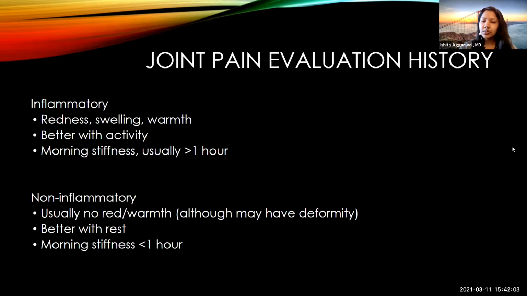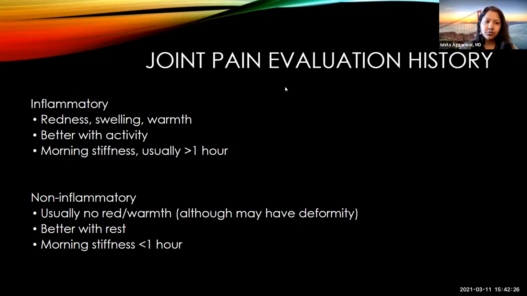So in terms of evaluation of joint pain, I've alluded to this, but we must make the distinction between inflammatory joint pain and non-inflammatory joint pain. Inflammatory joint pain typically involves a lot of redness, swelling, and warmth of the joints.